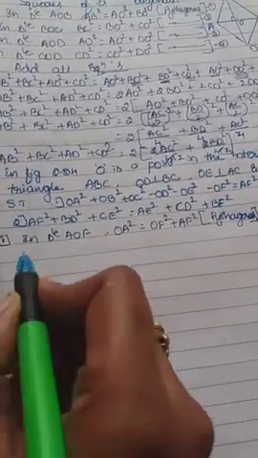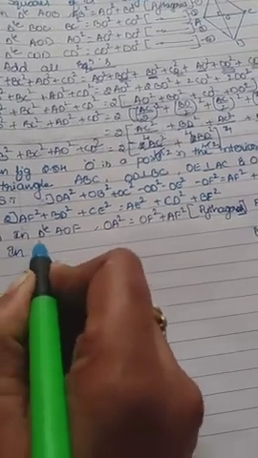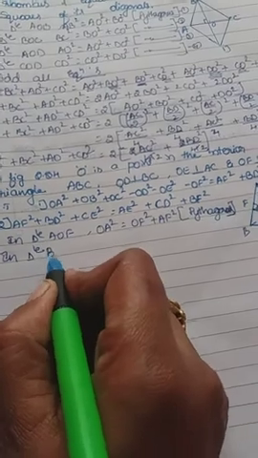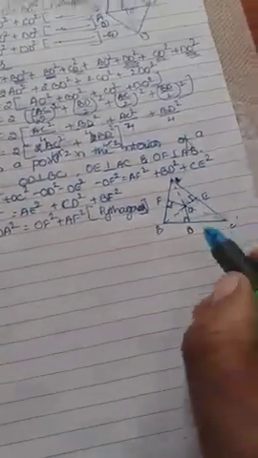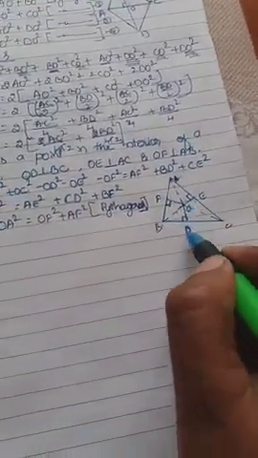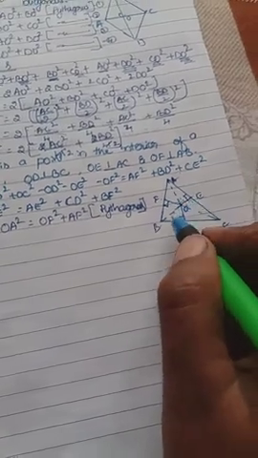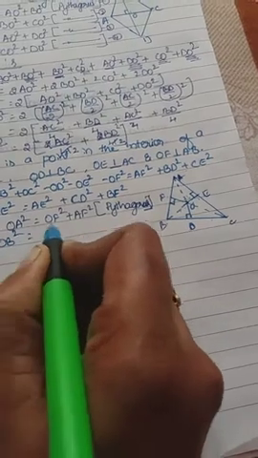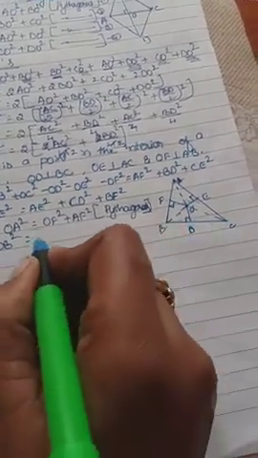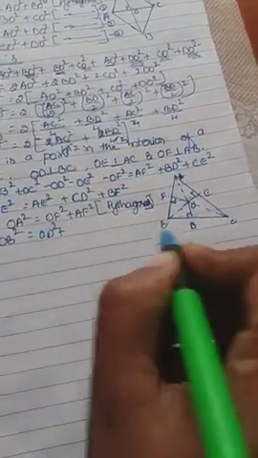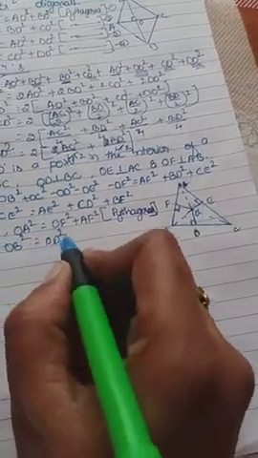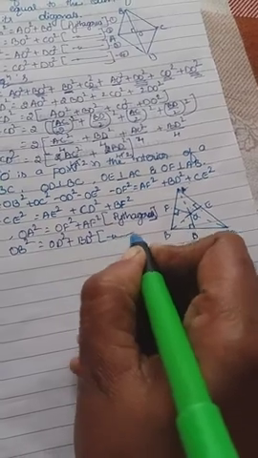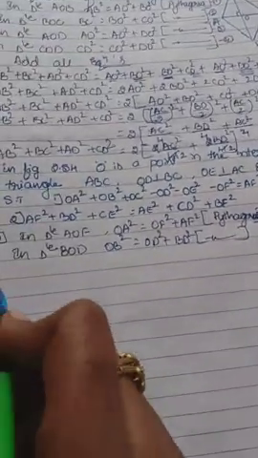In the same way, by the same method, the Pythagoras theorem, in triangle BOD, the hypotenuse is OB, so OB square equals OD square plus BD square. This is also according to the Pythagoras theorem.